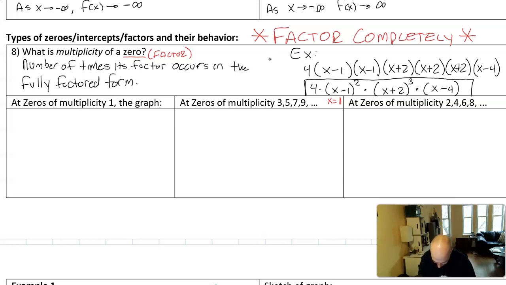You can also think about it as the exponent on the factor. So, for example, in my example polynomial here, we have an x minus 4 has an exponent of 1. So that's a 0, right? X minus 4, which has a 0 of x equals 4, has a multiplicity of 1.